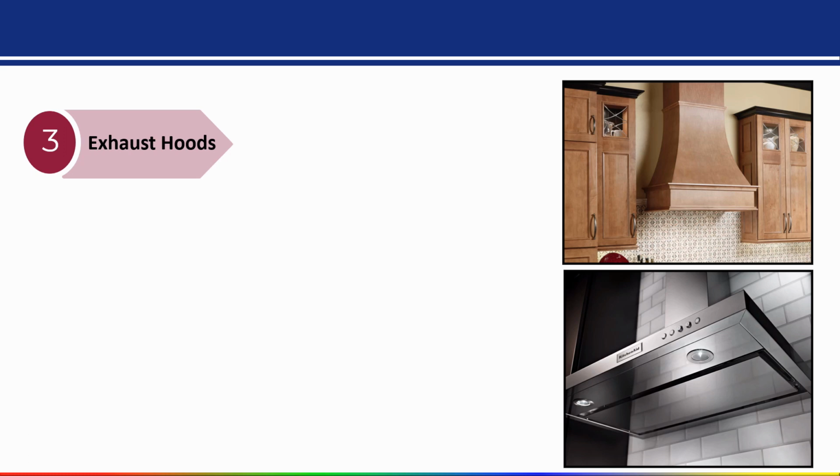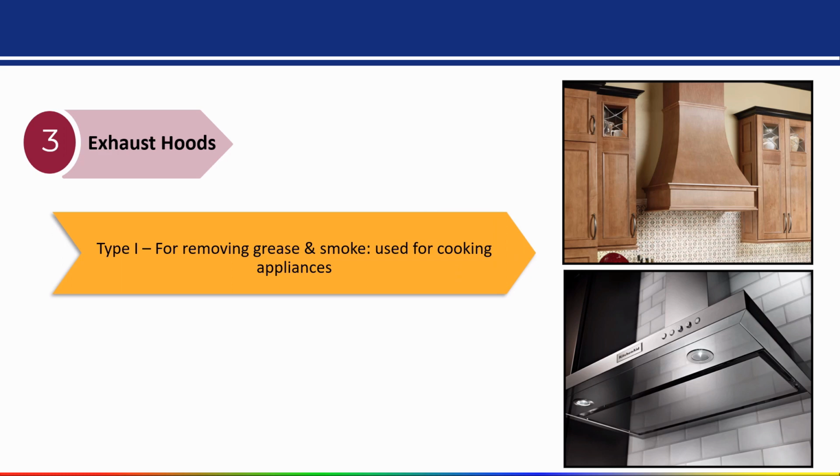Another great benefit of this exhaust hood is that it helps to remove heat from your kitchen, whether it is heat coming from your cooktop or steam coming off your food. A vent hood will help stop it from heating you in the face and make it slightly more comfortable for you. Now the hood we are using for cooking appliances is the type 1 hood.